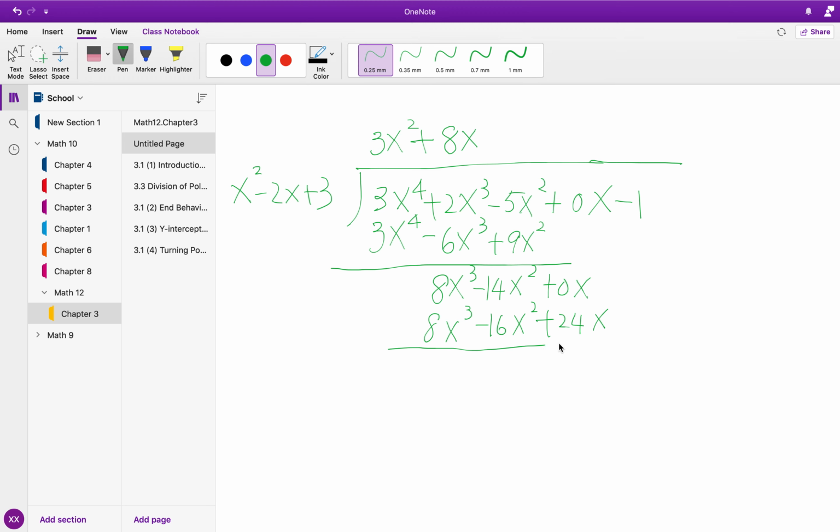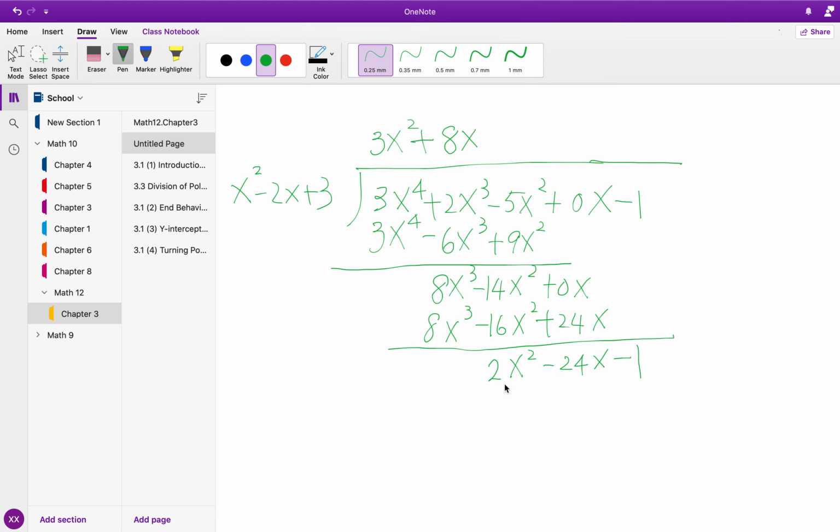Subtract again. The first term is gone. That's just what I wanted. So 14 minus negative 16 becomes positive 16, so therefore that is positive 2x to the power of 2. 0 minus 24, that is negative 24x. Now pull that one down, subtract 1.